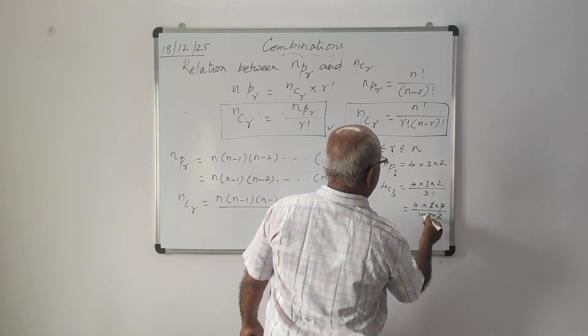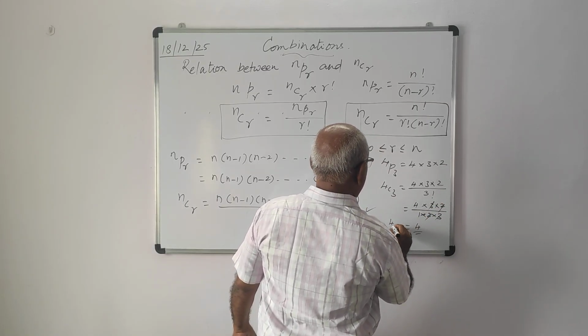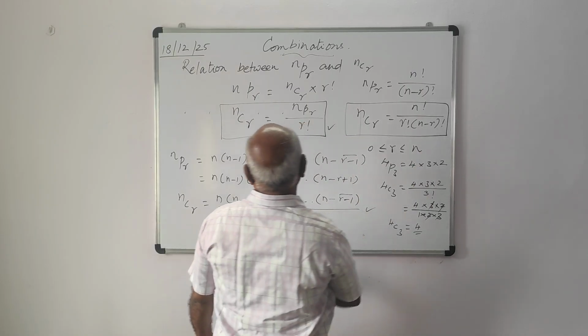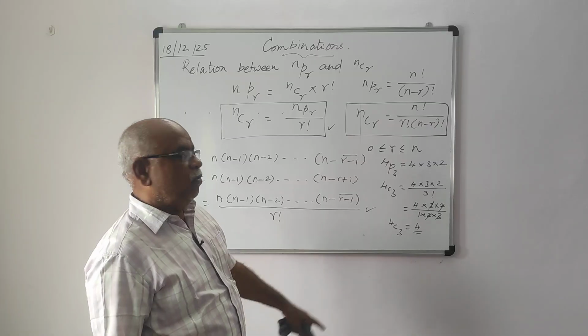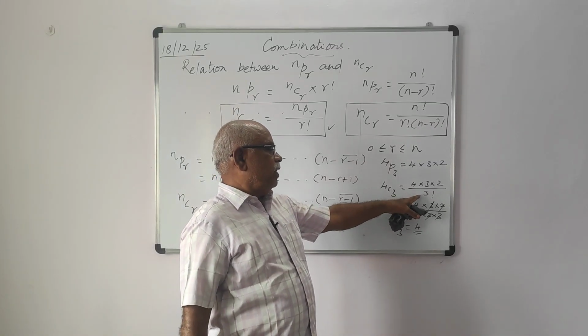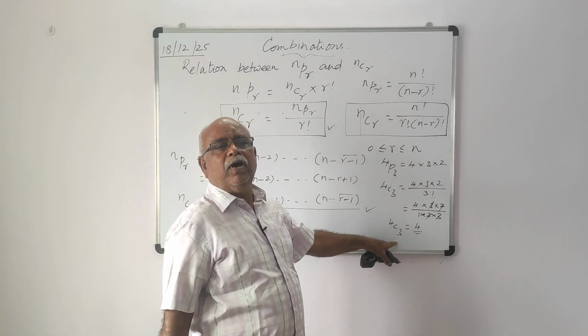The rule: nCr equals nPr by r factorial. The 3 and 2 in numerator and denominator, 6, cancel. 4 by 1 is 4. So 4C3 is 4, which we derived already. Like that, we have to find the value of nCr: if you divide nPr by r factorial, you will get the value of nCr.